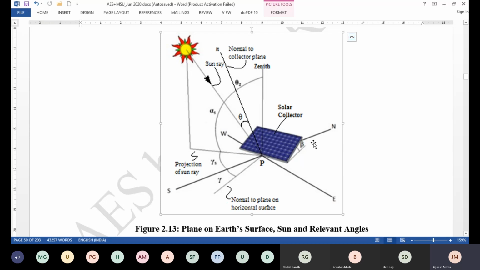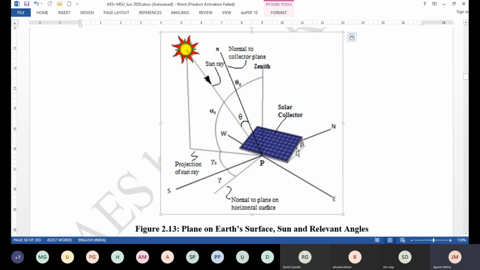Whatever notation I have used here, all should follow those notations to avoid any confusion, because different books may give different symbols, but it is recommended that you use the same symbol that I use, so that the communication is easier and there is no confusion.